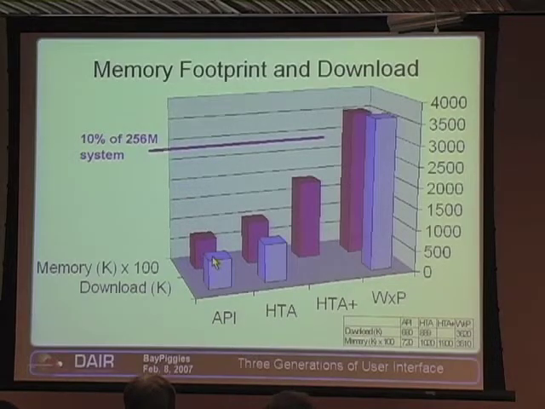And the first level takeaway here is that download size and memory resident part by happenstance work out to be about the same thing. And so I was very concerned in the WX implementation, which this is, about the memory footprint.